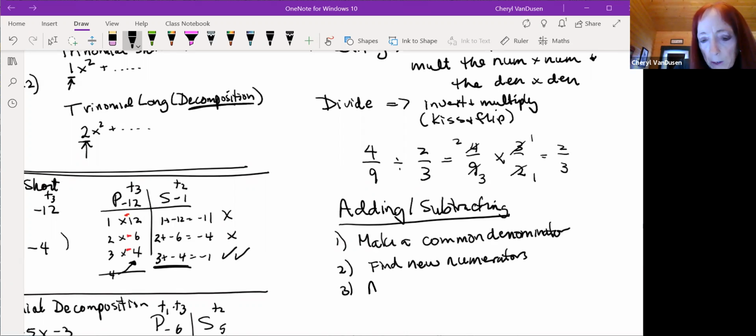Then we add or subtract the numerators, and we leave the denominators the same.